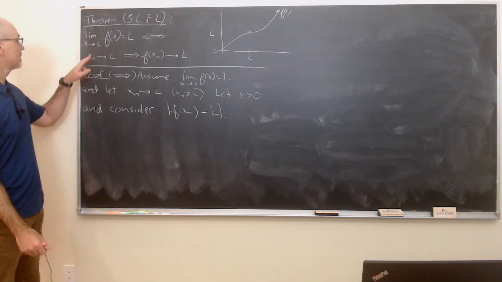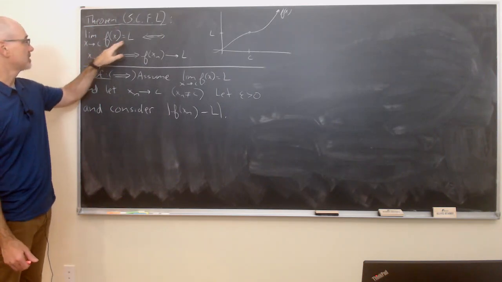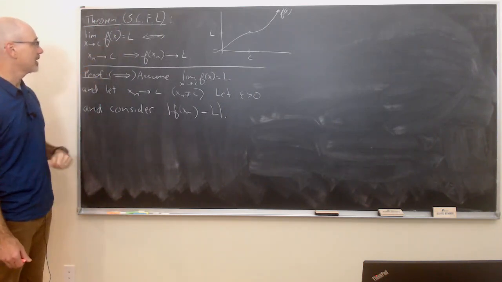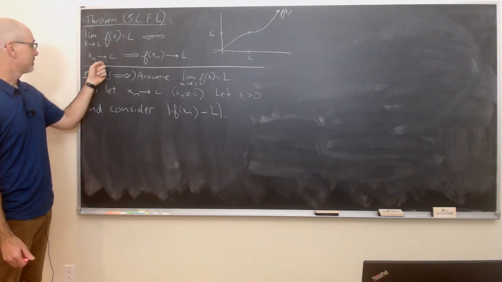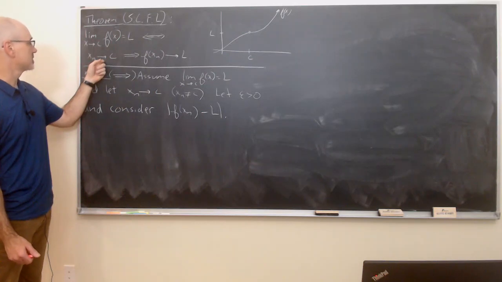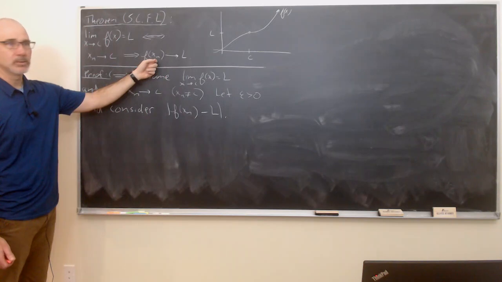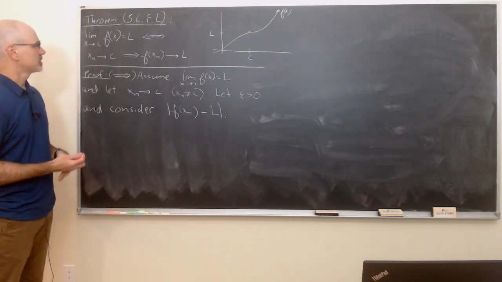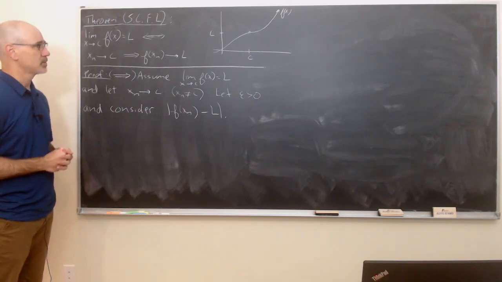It says that the limit as x goes to c of f of x is equal to some real number L if and only if for every sequence that converges to c, the function values converge to L. So this is a way of expressing that a limit exists using sequences that are approaching c.